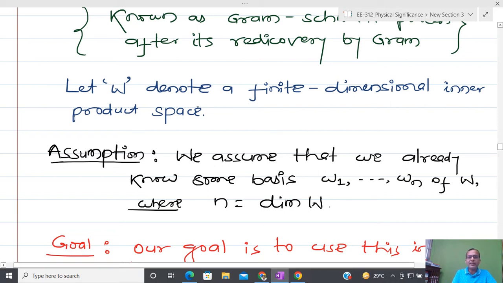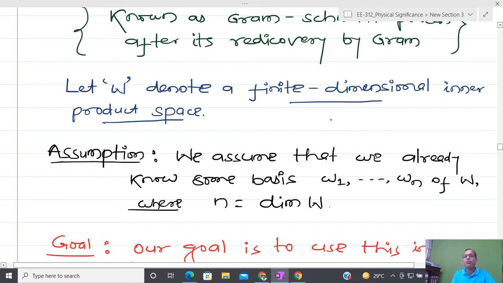So what we are assuming is that W denotes a finite dimensional inner product space. Finite dimensional means the number of elements inside the basis is finite. Inner product means we are able to define a generalization of the dot product, and after that we also have the notion of norm.